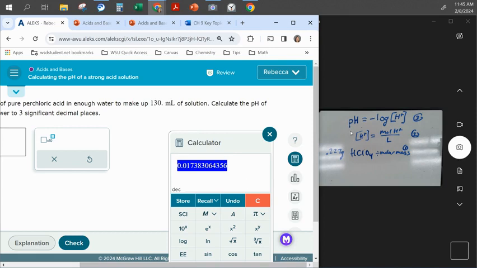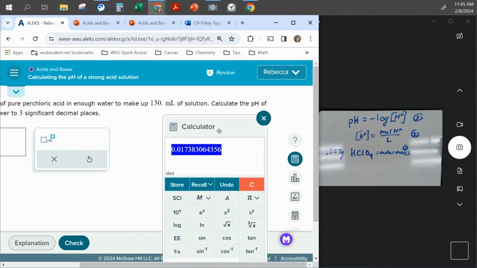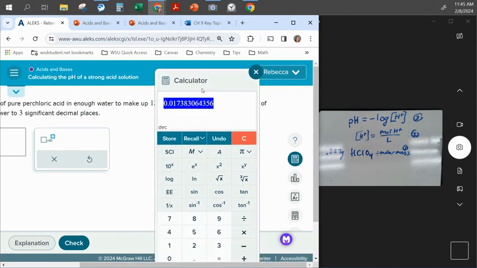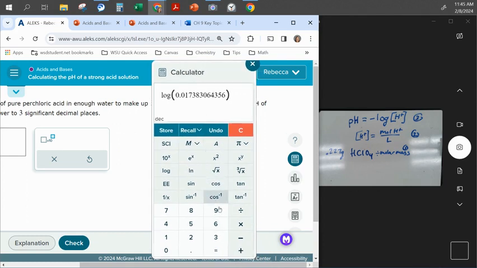This is the concentration of hydrogen ions. Now I'm going to take the concentration of hydrogen and put it into the negative log scale. Log, and then I'm going to put a negative in the front. If you don't put the negative in the front, you just have to flip the sign later. That's fine.